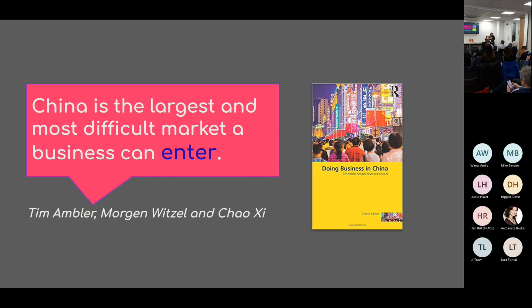Not to scare you away, but just to let you know, China plays by its own rules. It's such a unique country in many ways, not just because it's big, but culturally it's very unique. It has 5,000 years of history, 56 ethnic groups, and all the religions and cultures are different. You drive from one city to the other, and they have different cuisine, religion, culture, background and dialect.